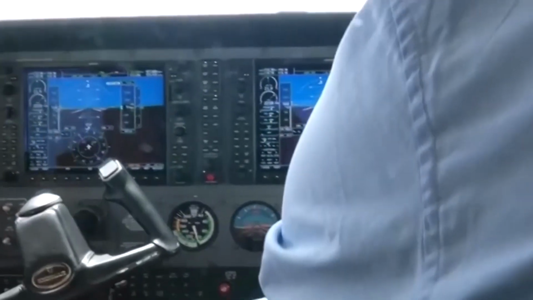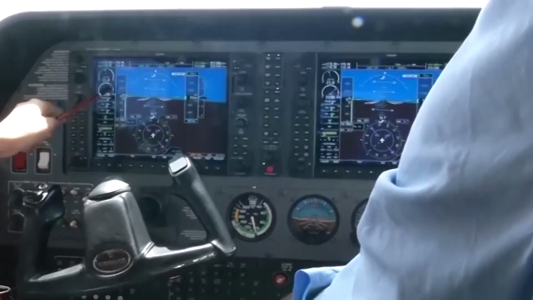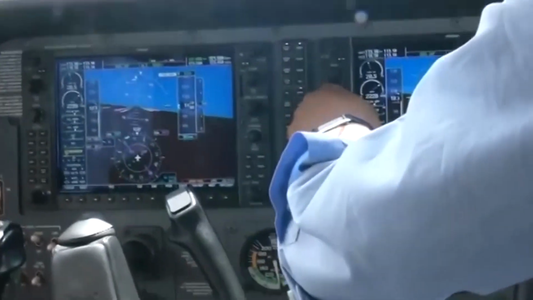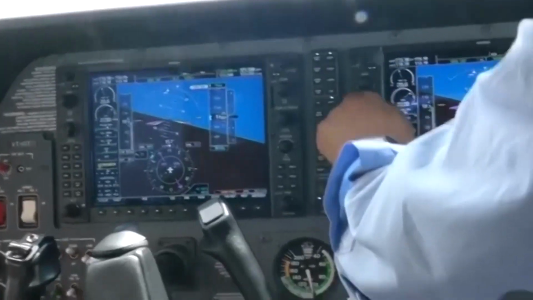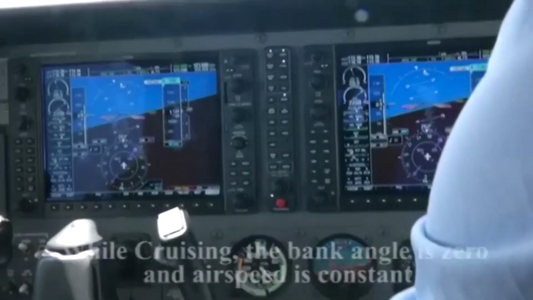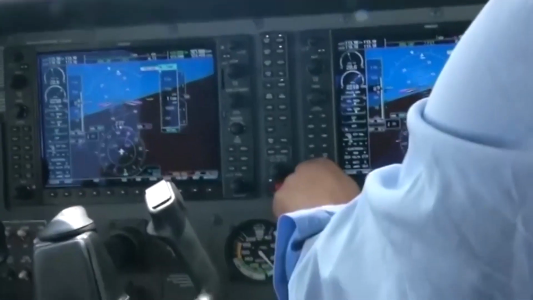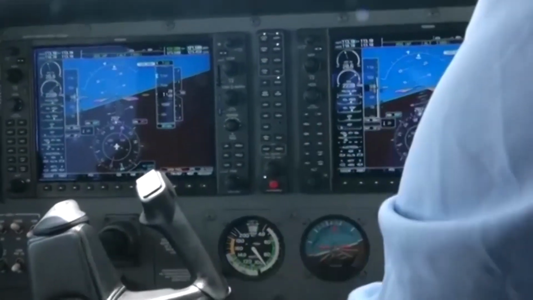You can see the variable RPM of the engine. The oil pressure in the green range, the oil temperature between the minimum and the maximum limit. See the miniature aircraft and the artificial horizon as the aircraft is banking towards the right.